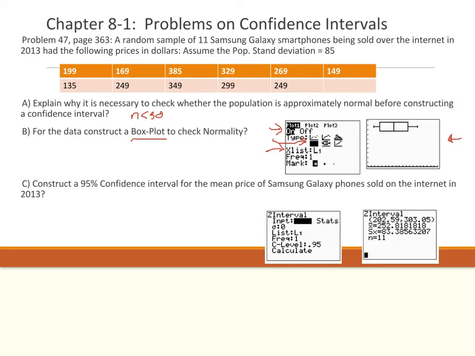If we hit the stats key and we move over to the test icon and hit enter, we will select option 7, which is the Z interval. Since we've entered the data into the calculator, we will choose the data option rather than the stats option.